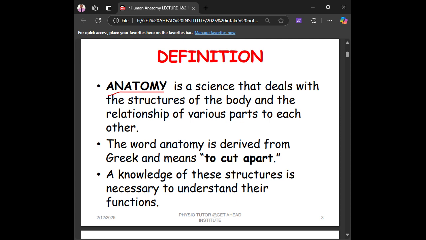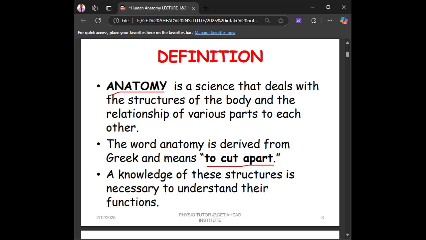So you should also take note that the word anatomy was derived from a Greek word, anatome. That Greek word simply means to cut apart.